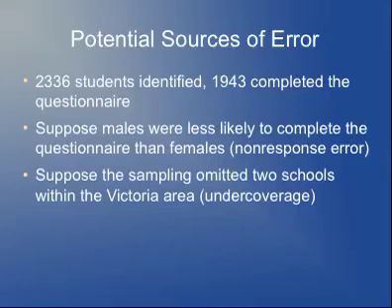And potential sources of error in this experimental design is there were 2,300 students that were selected using the sampling approach, and about 1,900 of them completed the survey. I mean, generally speaking, if you get a response rate that high, that's pretty good, and it's not something that you're going to lose a lot of sleep over when you write a paper describing a result.